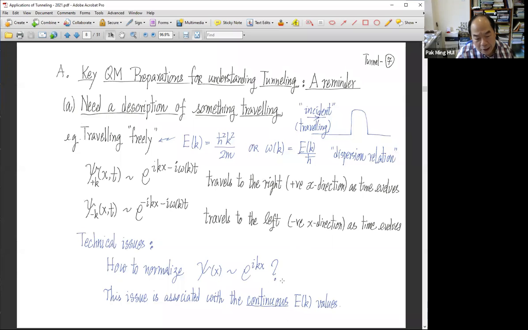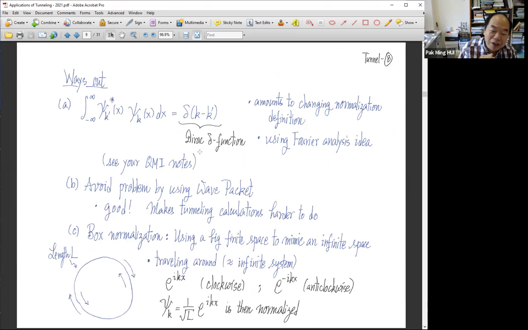Deeper, it is an issue related to the allowed energy being continuous. Okay, if you don't have anything bounding the particle, it is a continuous spectrum. I know that you have this Dirac delta function last term to normalize this kind of funny wave function with the plane wave. Okay, so there are ways out.